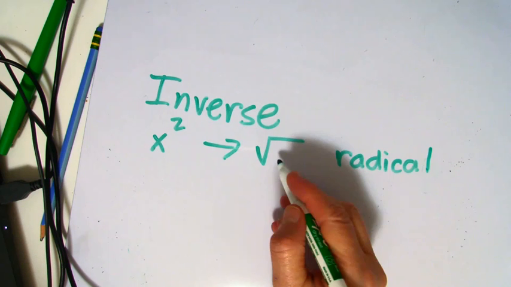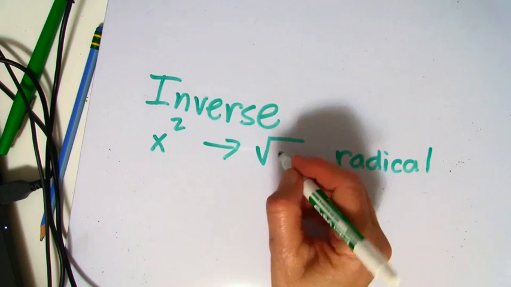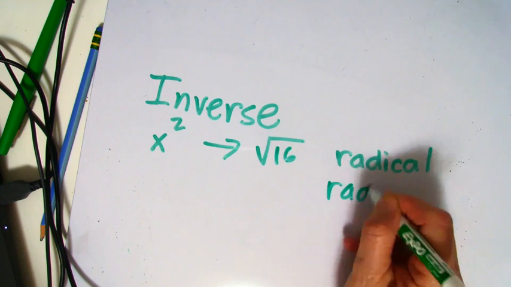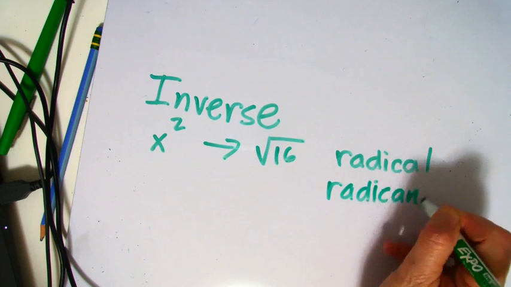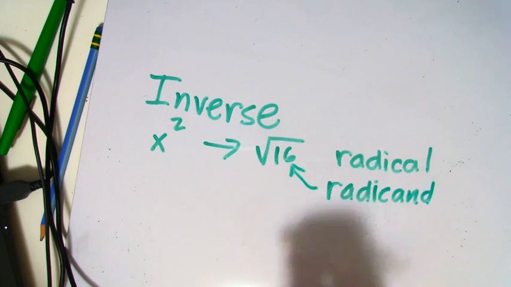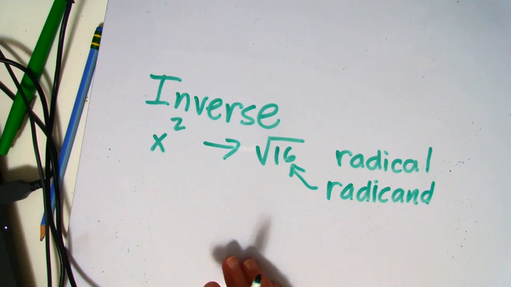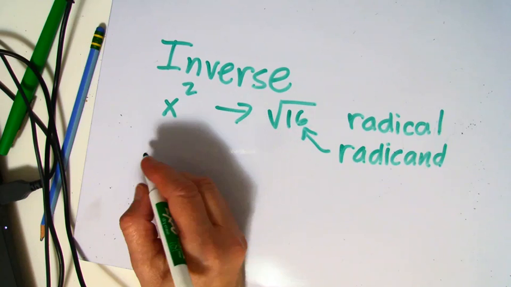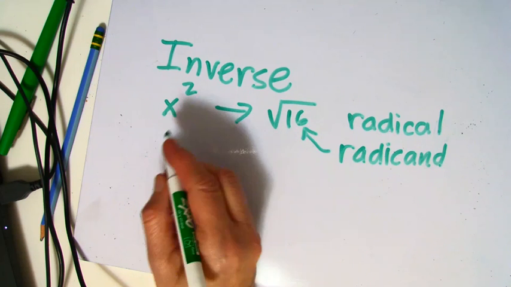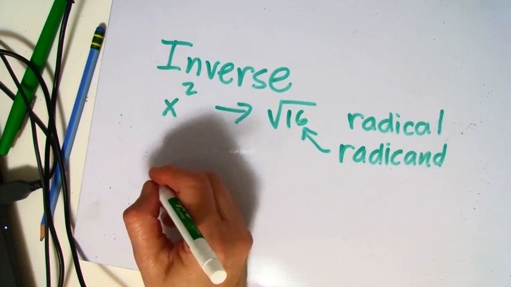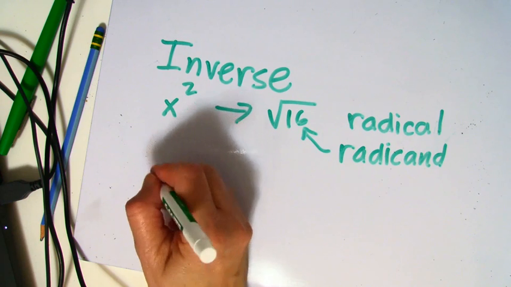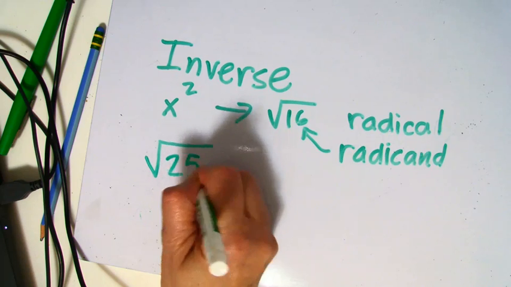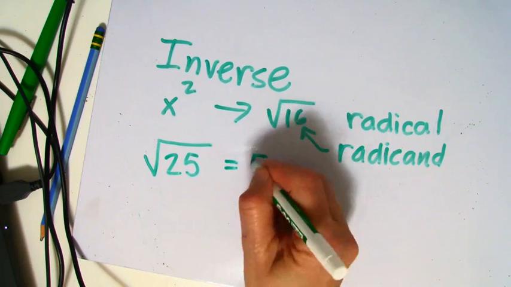The number that's inside, say 16, that's called a radicand. Okay, now with a square root, we can find the square, the squared number. So if we have the square root of 25, our answer is going to be 5.